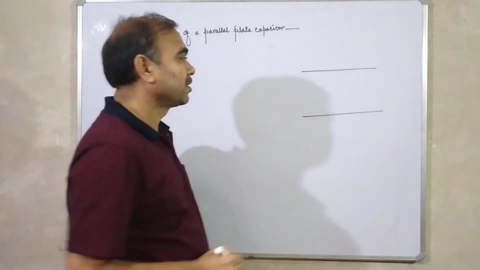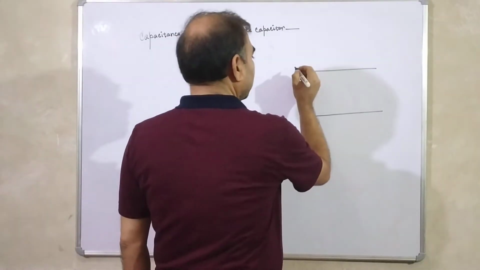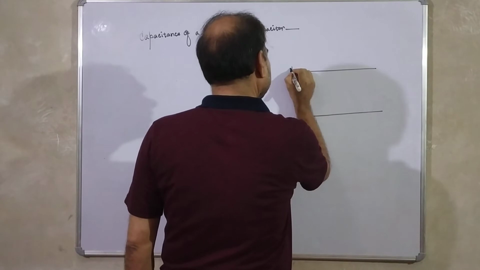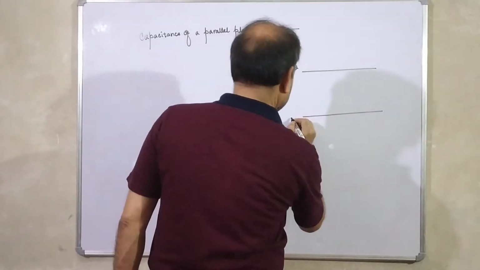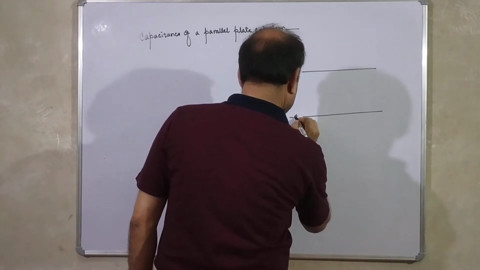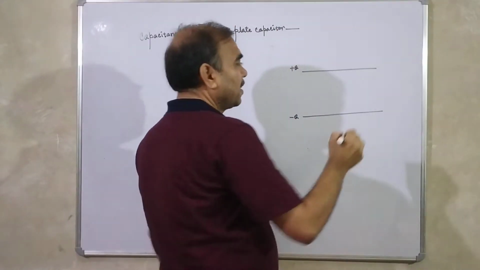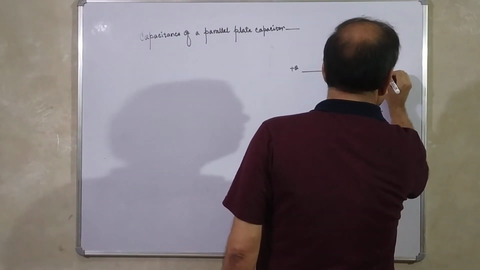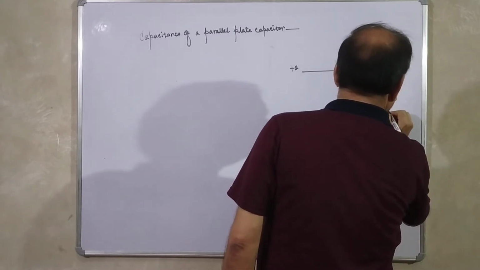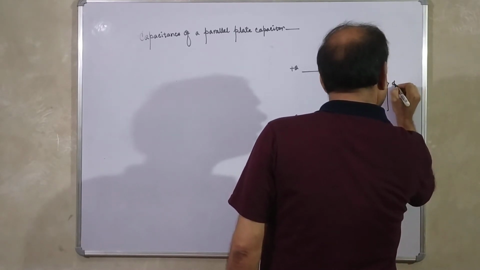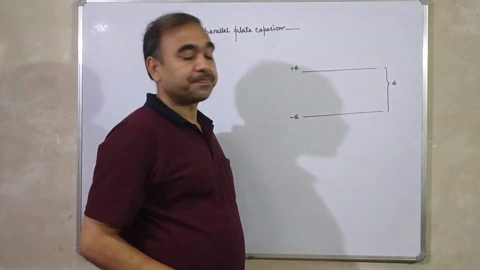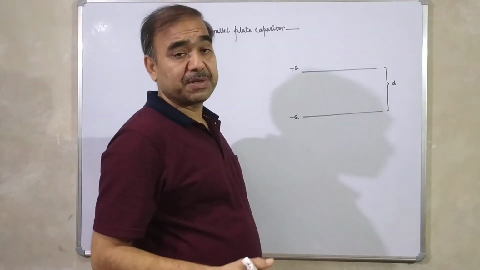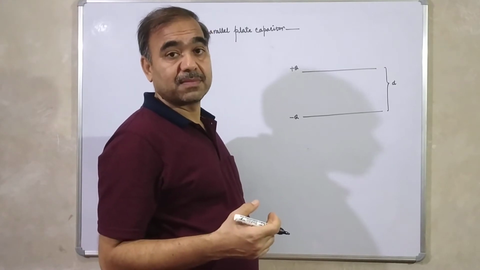If on one plate the charge is plus Q, on another plate the charge will be minus Q, right? And the distance between the plates we have taken d. Between these two plates, there is air, or you can say only vacuum.